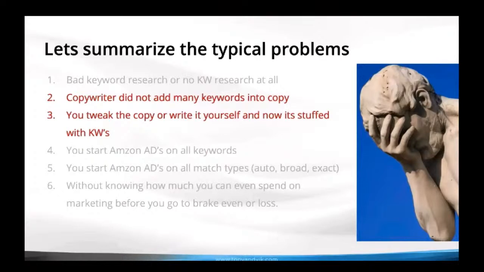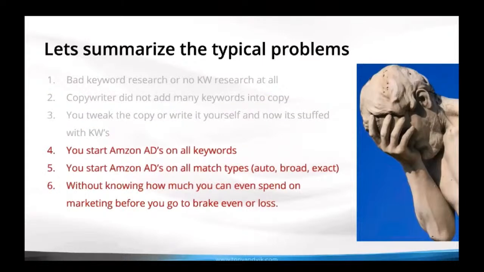Putting just a few keywords in is not good either, right? So next thing, you start Amazon ads on all the keywords and on all match types, and without knowing how much you can even spend on marketing, you just dump money into the ads. And usually either you lose a lot of money or nothing happens, right?